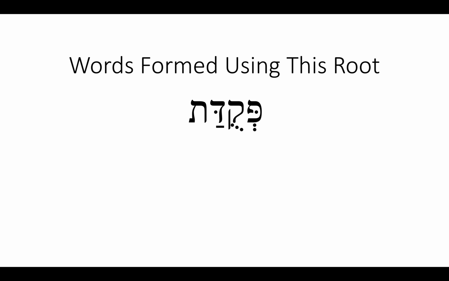So here are some examples of words that can be formed using this root pakad. Here's a word, pekudat, and by that final tav at the end, you know that this is a feminine word. They slapped on some vowels and a suffix, and they came up with a word. That word happens to mean oversight.